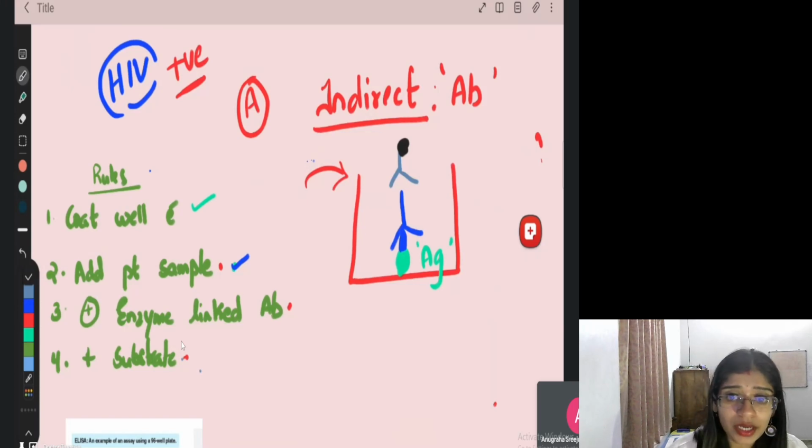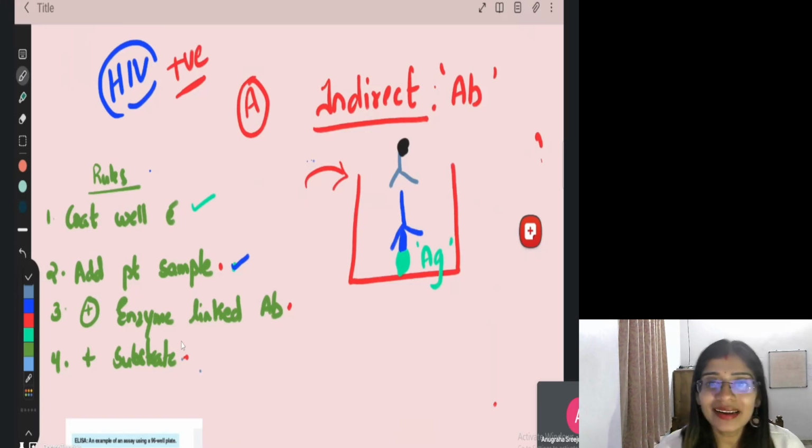the well. Now remember this line, what I'm going to say very clearly. In indirect ELISA, the enzyme linked antibody that I'm adding is made in such a way that it gets attracted towards another antibody.